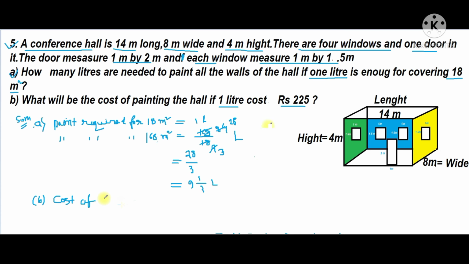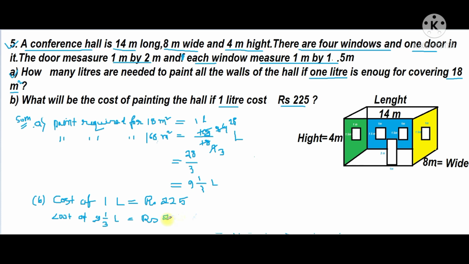Then here 9 1 by 3 liter paint required, so the cost will be, if I multiply this cost of 1 liter of paint with this 9 1 by 3 liter, then we'll get the total cost. So here for question number B we'll write cost of 1 liter rupees 225, and the cost of 9 1 by 3 liter equal to rupees 225 into 9 1 by 3.